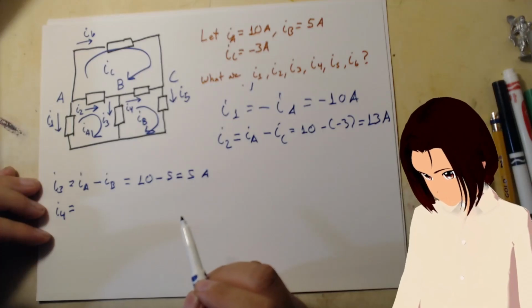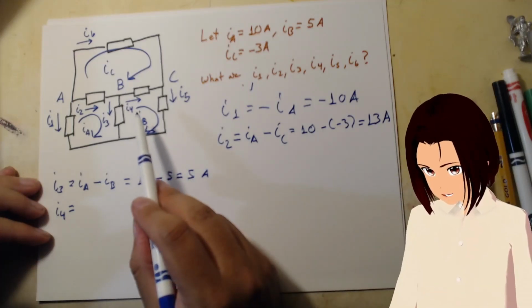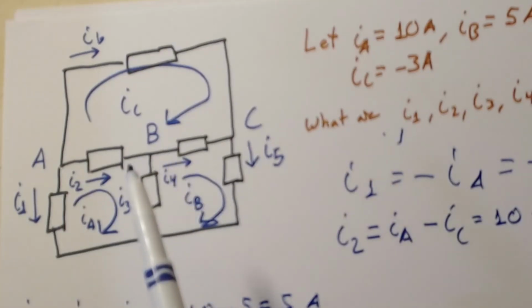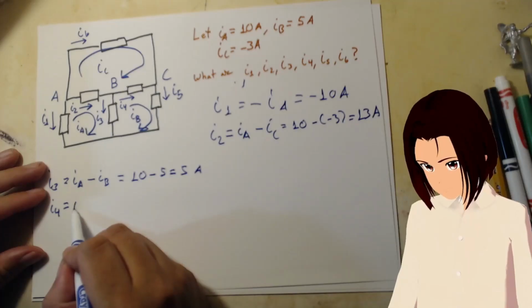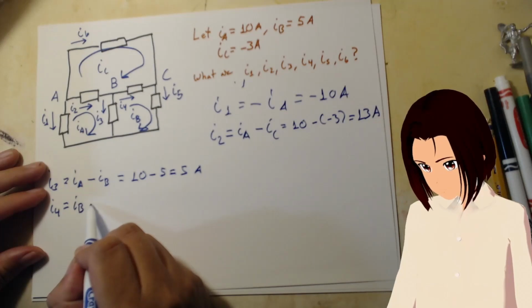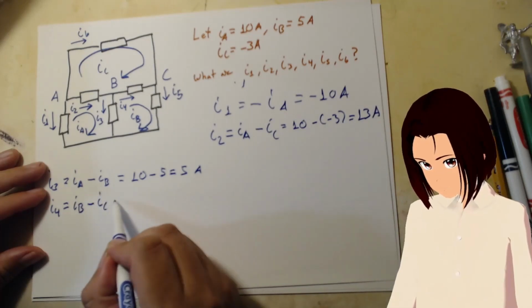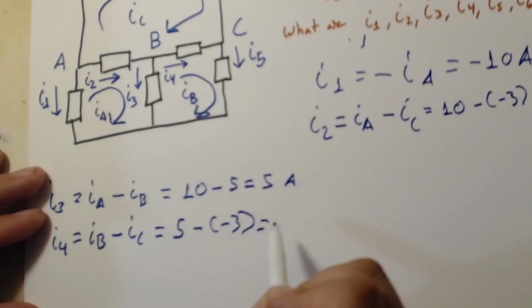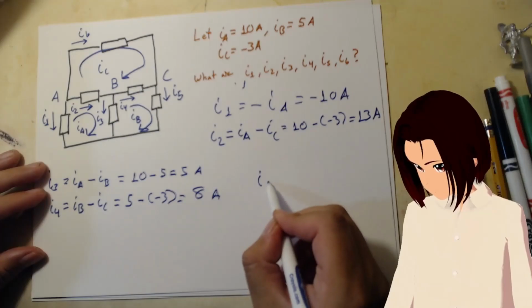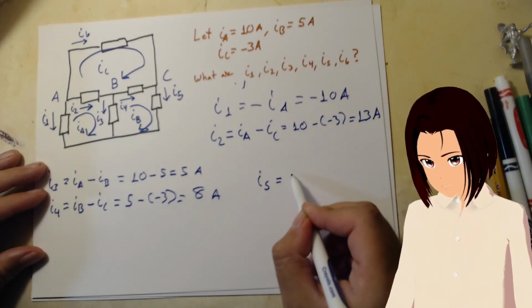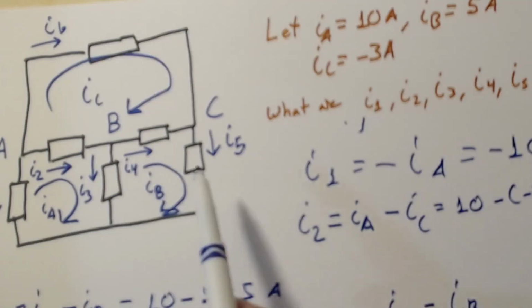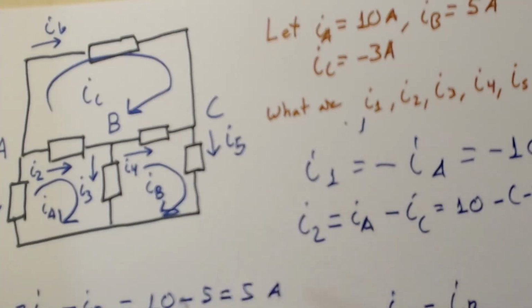I4 is in the direction that agrees with B, but the opposite of C. So IB minus IC, that's 5 minus negative 3, and that's just 8 amps. I5 is just IB, because they're in the same direction, and there's no other mesh.